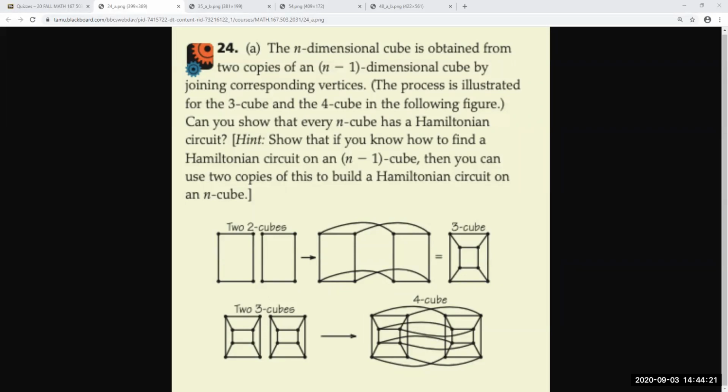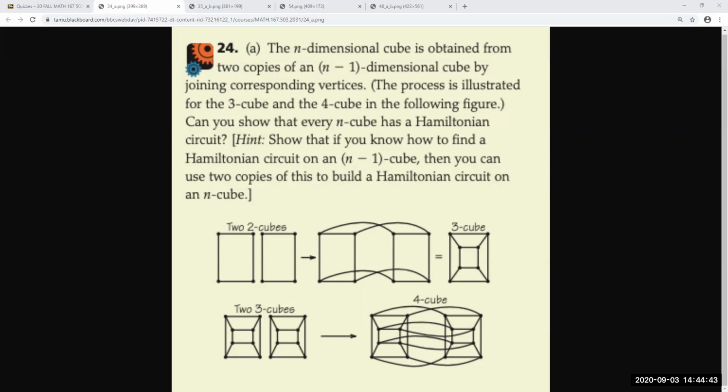In the two cube, you can also find the Hamiltonian circuit just by going around, right? But when you think about how this going around is related to the Hamiltonian circuit in the one cube, what you did is just delete the part of going back to one.